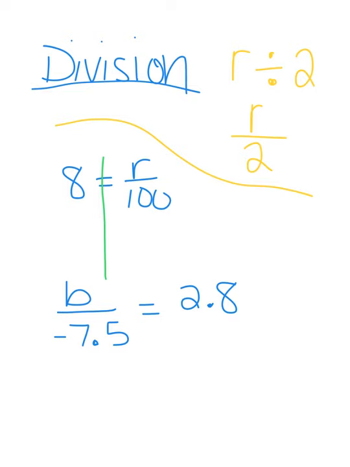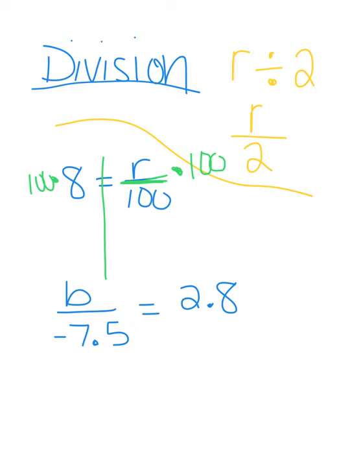And so I see the fraction bar, so that means division. Well, what's the inverse of divide? It is multiply. We're going to use a dot to represent multiplication. And so what do we want to multiply by so that the R is by itself? What is by the R? It is the 100. And so remember, whatever we do to one side, we do to the other.